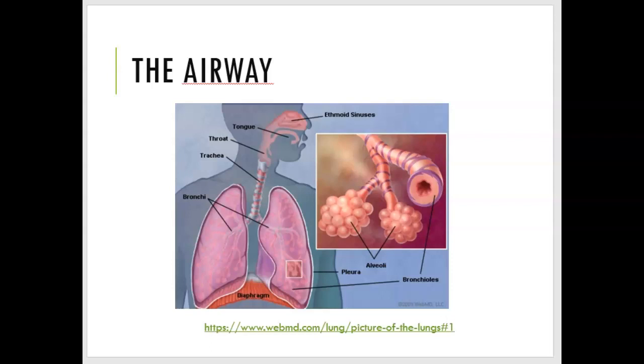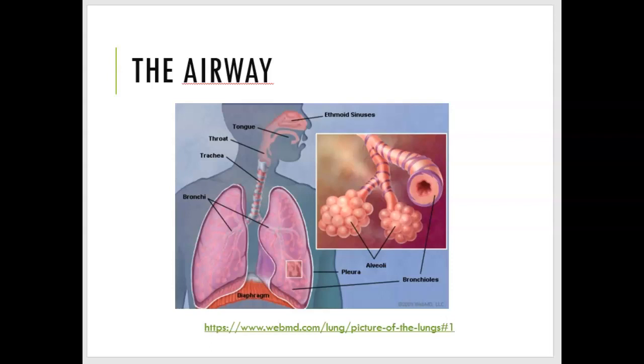In the alveoli, oxygen from the air is absorbed into the blood. And in the alveoli, carbon dioxide, which is the waste product of metabolism, travels from the blood to the alveoli, where it can be exhaled. And if you recall, if we keep in a lot of carbon dioxide, we tend to become acidic.